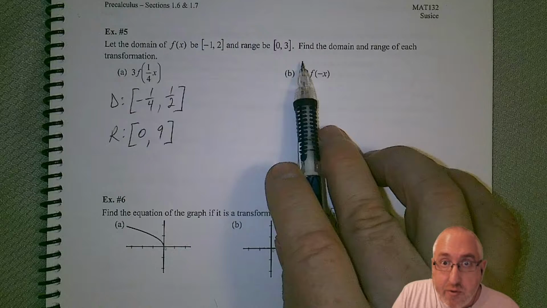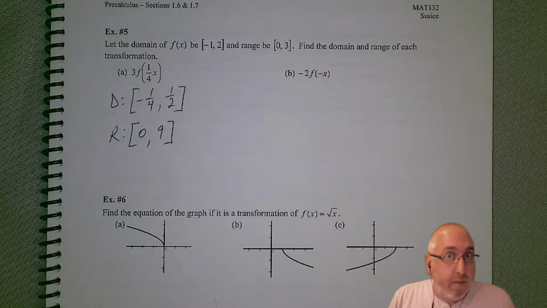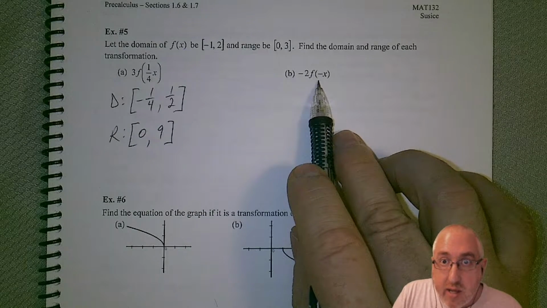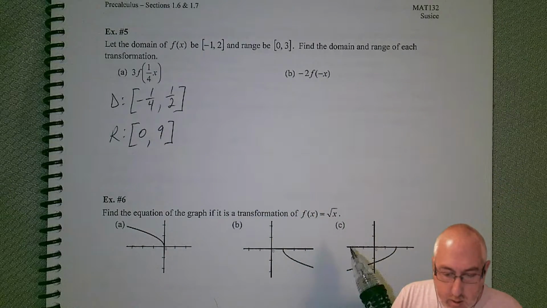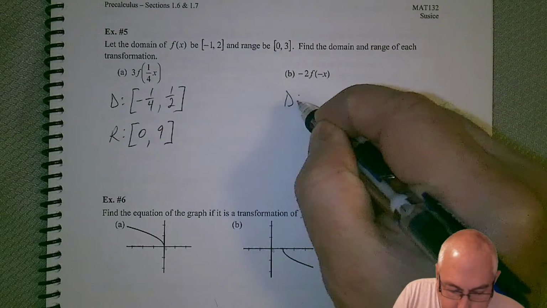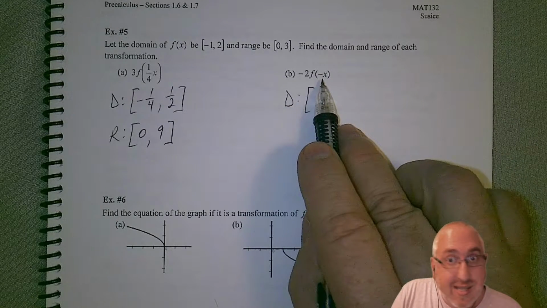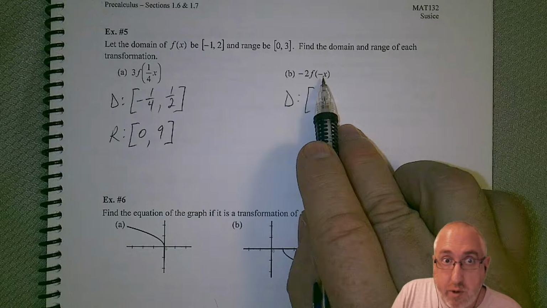So this -2 out in front is affecting the f, the overall function, which is the y value. And the negative on the inside is affecting the value of x, which is our domain. So let's start with the domain. We want to just negate the values of the domain.